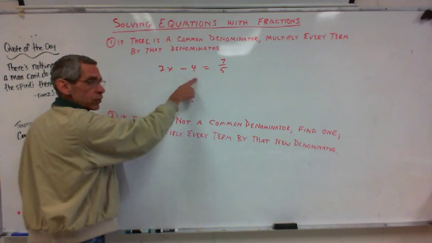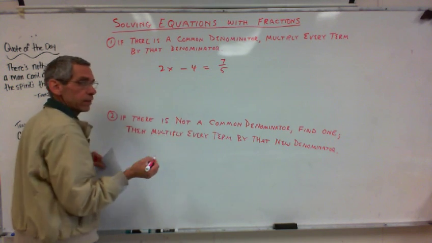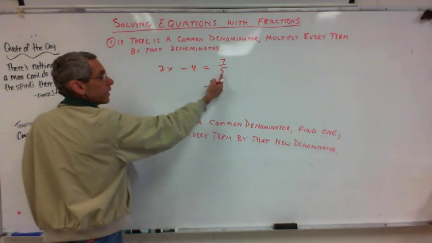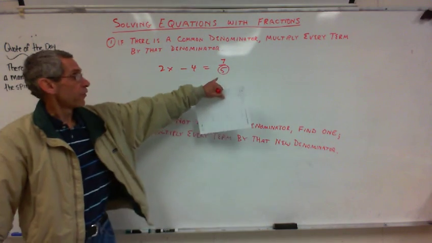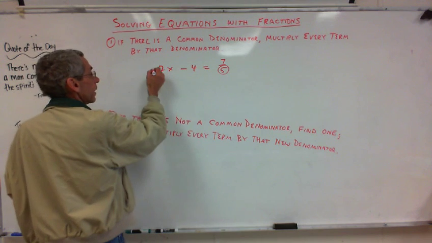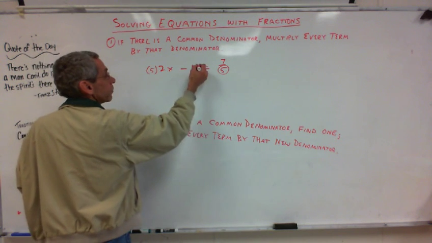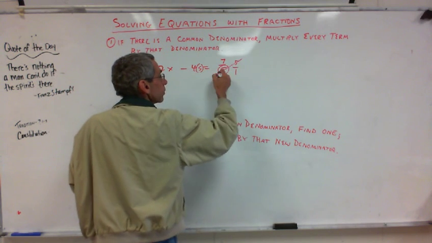This is not a fraction. I don't have to create common denominators. I don't have to put them over 1 and make common denominators. All I have to do is multiply everything by that denominator, and I get rid of that fraction. So it's going to be times 5, times 5, times 5 over 1. Those cross out.